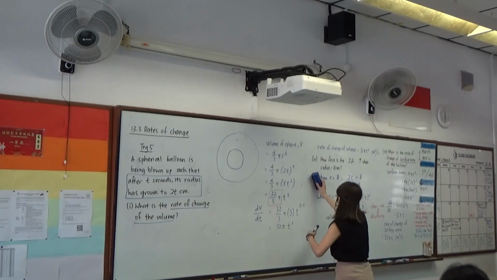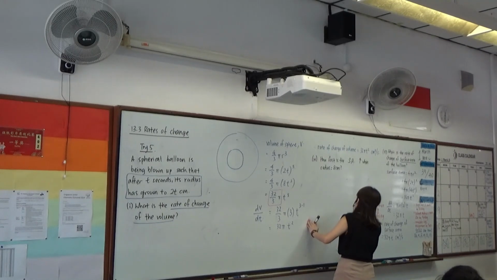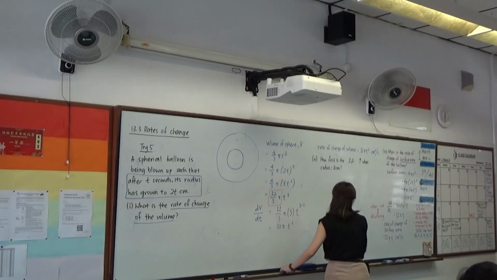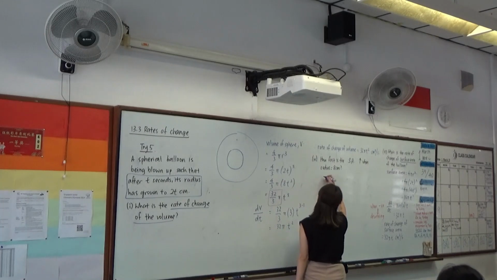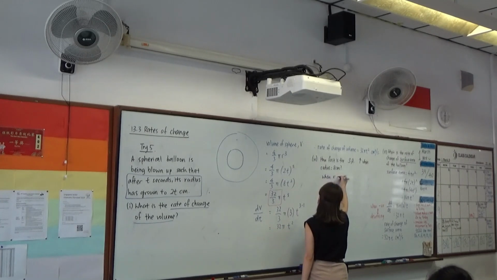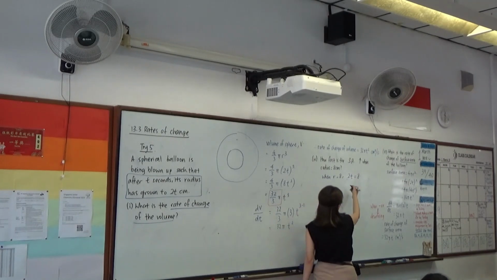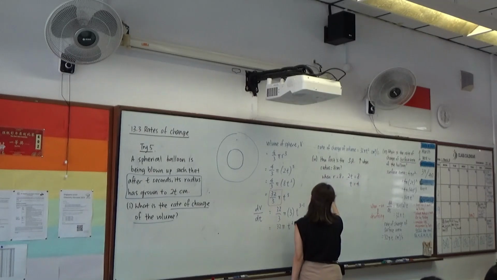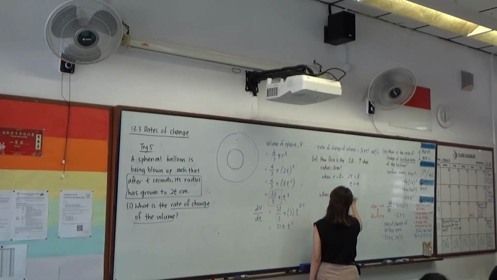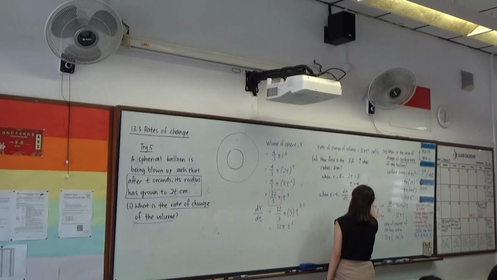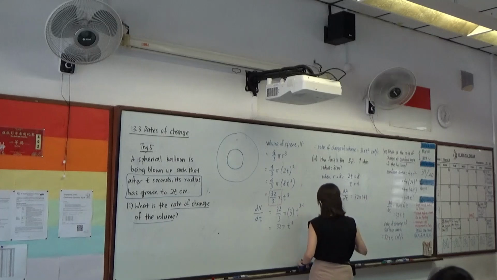Part 4 is similar to part 2. Instead of asking about volume, they ask about surface area. So we do the same thing. When radius is equal to 8, that means your 2t, which represents radius, is equal to 8 as well, and t equals 4. So when t equals 4, we find our dA over dt, which is 32 pi times 4.